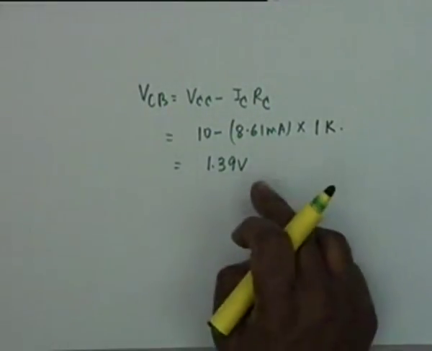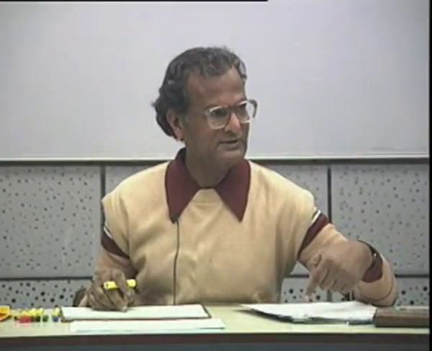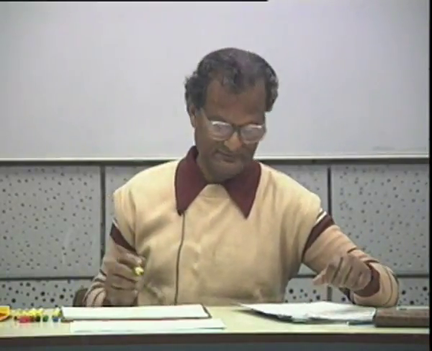Okay. VCB is 1.39 volt, collector is positive with respect to the base negative, and therefore our initial assumption of active region is justified. Okay.